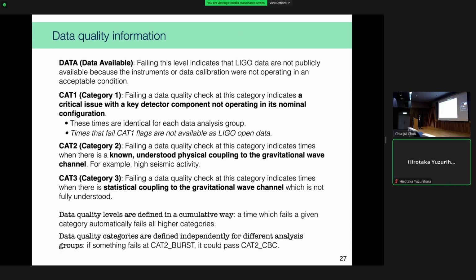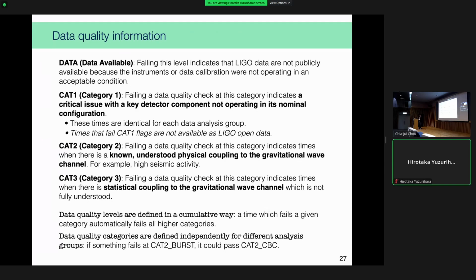And data quality levels are defined in a cumulative way. A time which fails a given category automatically fails all higher categories. Higher category means category 3, and category 3 is more severe than category 1. The data quality categories are defined independently for different analysis groups.